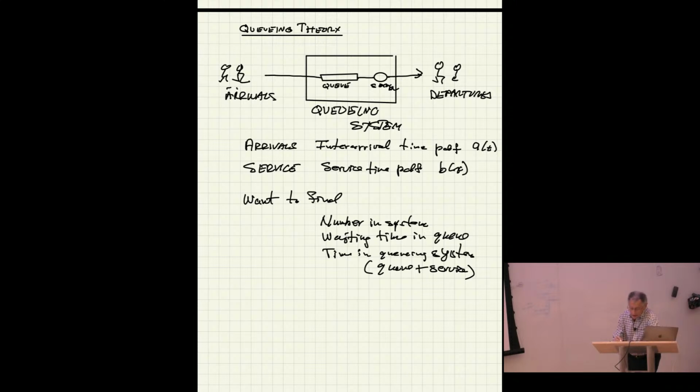But in terms of these A's and B's, we have notation for specific distributions, okay? Symbol M will mean it's an exponential distribution.